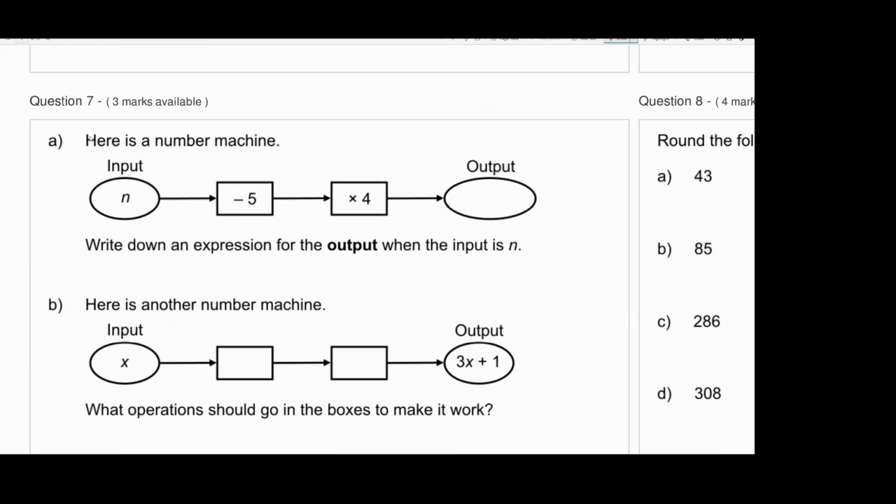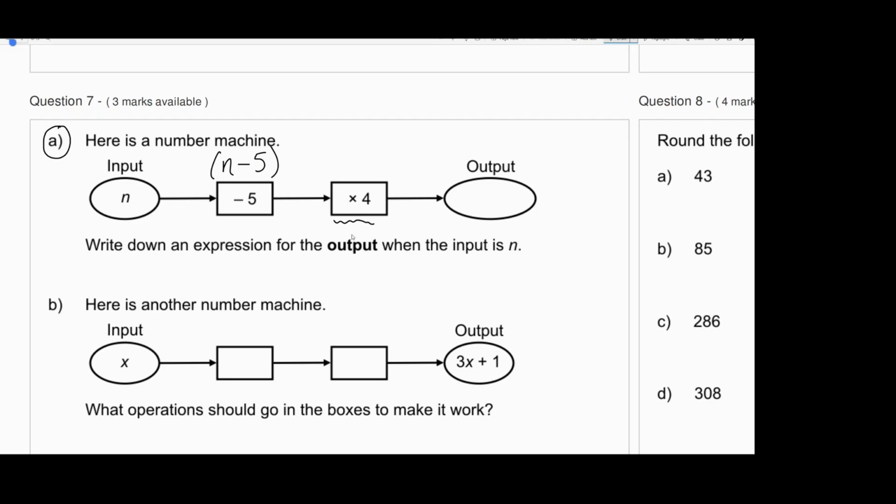The one then for 7. So have a think about 7a. Have a go at 7a and just put it in the chat box, and we'll go over that one. Yeah, we're going to have n minus 5, and I'm going to put that in brackets. And then we're timesing by 4.